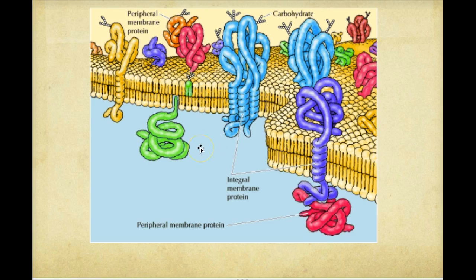In the center of the slide, you can see a blue protein that has some regions that are outside the membrane, but also several helical regions that pass through the membrane. That is a true integral membrane protein, a transmembrane protein. It crosses all the way through the membrane multiple times.